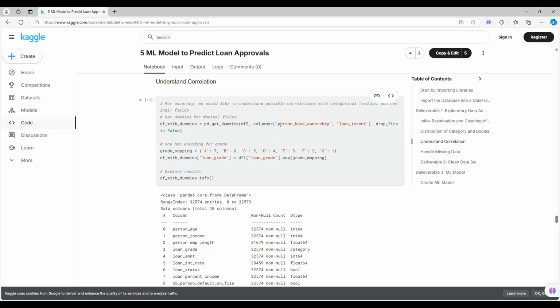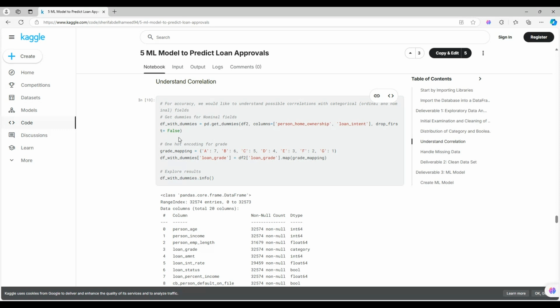So for the person home ownership and the loan intent variables, we can do pd.get_dummies. And then we drop the first entry so that we don't have a one-to-one correlation or something that messes with our data.